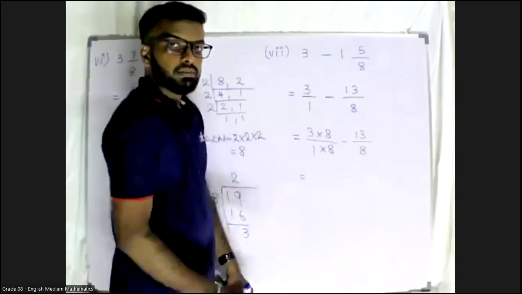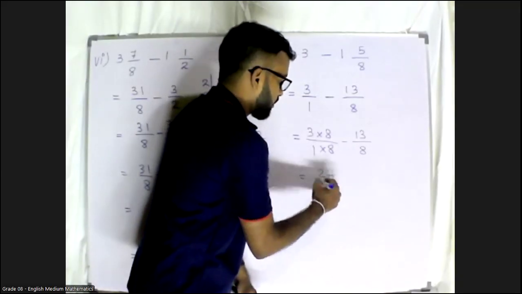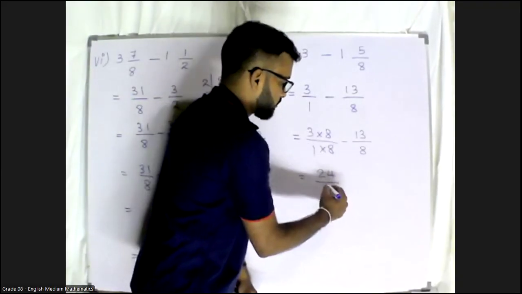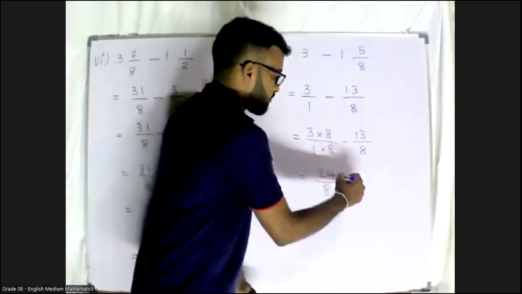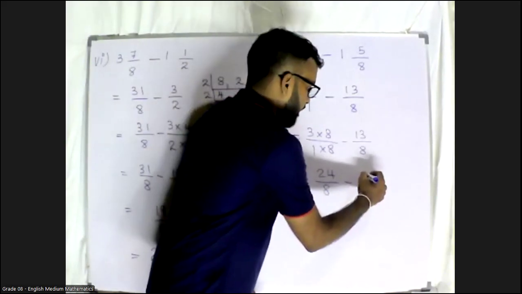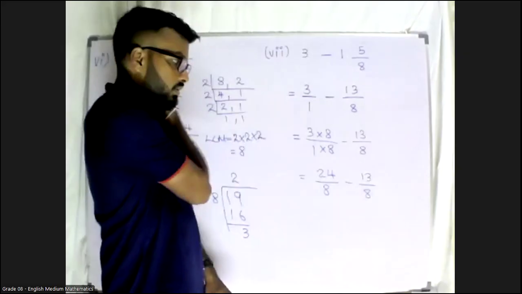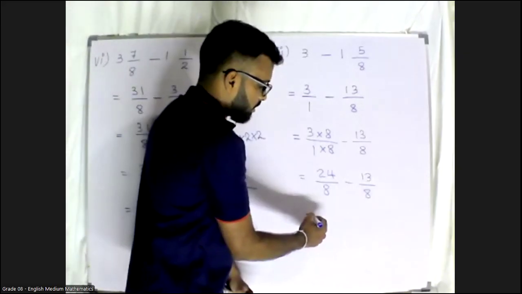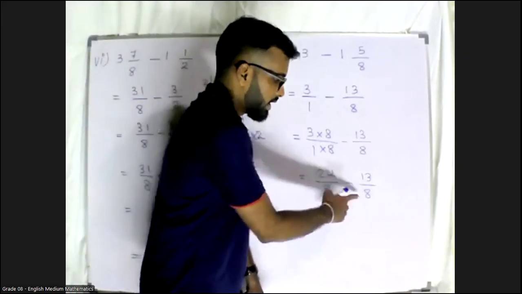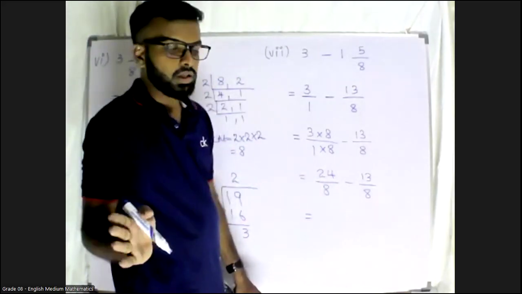3 times 8, 24. 1 times 8, 8. Minus 13 upon 8. Equal now. Now check, 8, 8. The denominators are the same, so there is nothing to worry about.